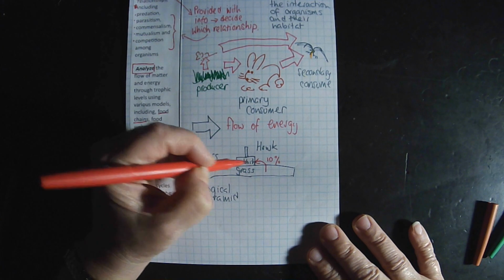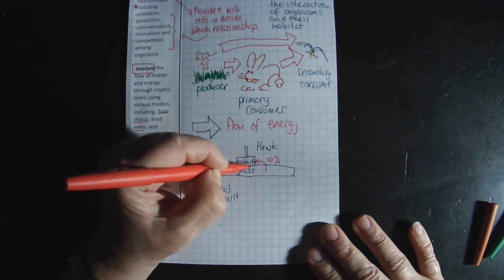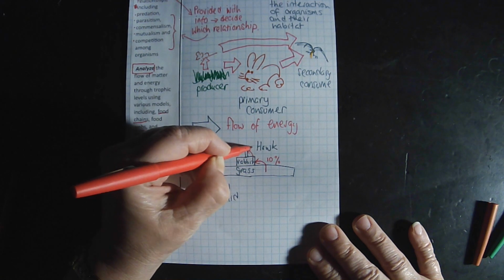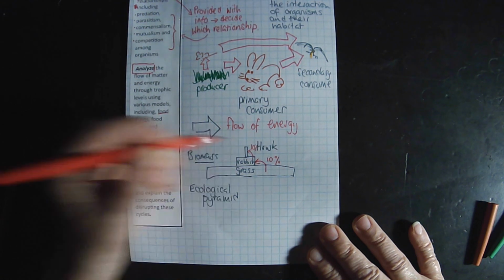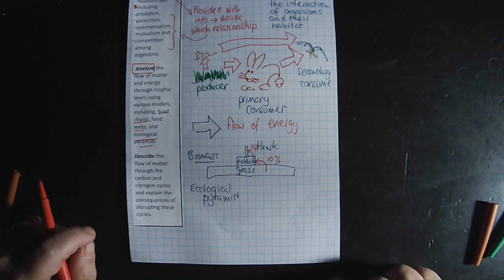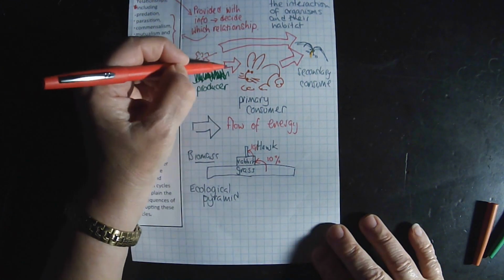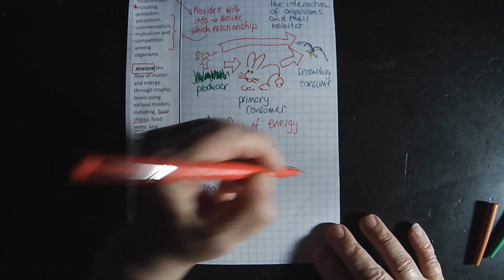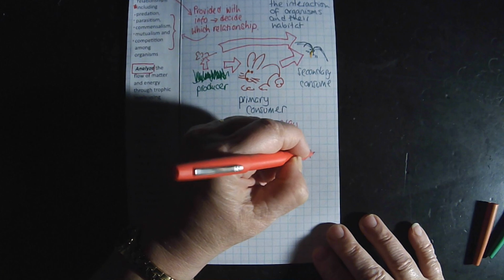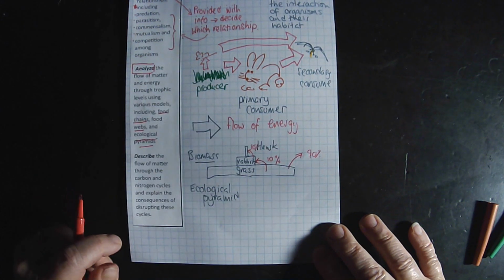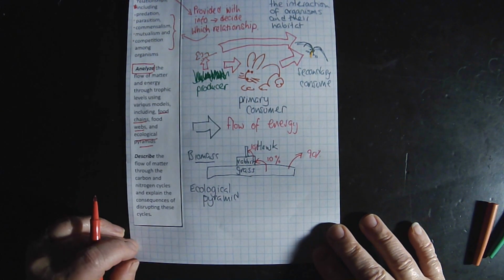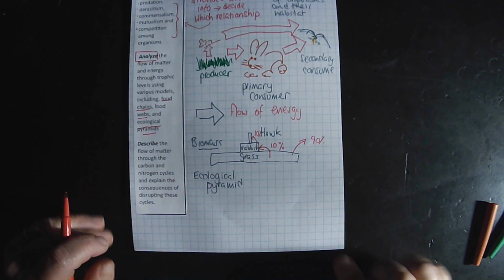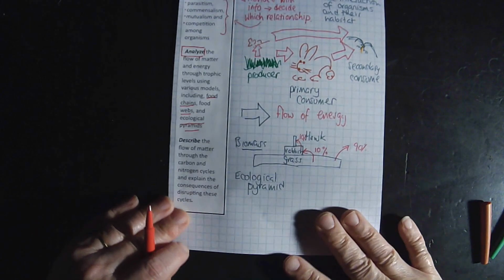And when you look at all the rabbits and how much energy is stored in the rabbit bodies that gets passed on to the hawk, only 10% gets passed on to the hawk. It's called the rule of 10%. So each arrow actually only represents 10% of the available energy. Where does all the other 90% go? It goes back into the ecosystem, right? Ultimately, it's going to end up as heat, right? And we'll talk about that in a little more detail.